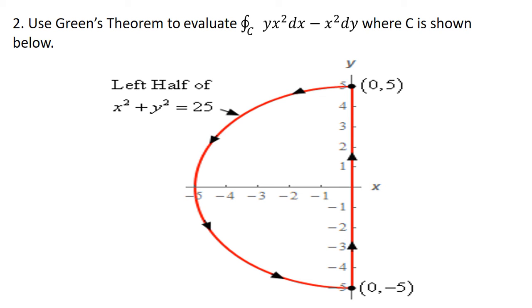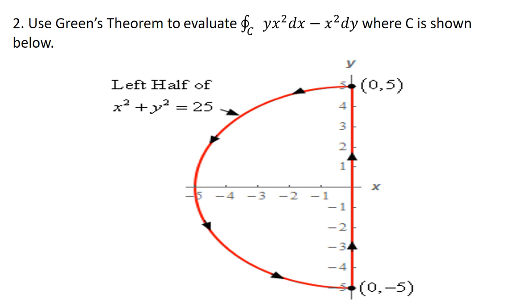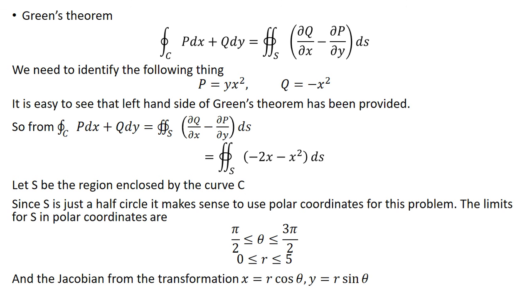Here it is given x square plus y square equal to 25, which is the equation of a circle. So for the sake of simplicity, we change to the polar coordinate system to solve the problem.